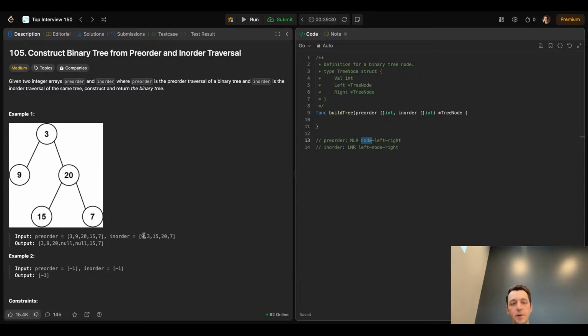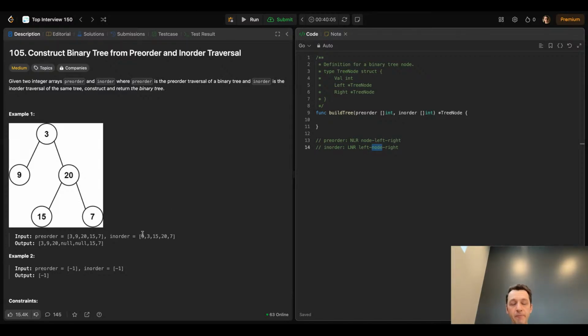So since we have 9 here, it's pretty obvious that 9 is something on the left. By the way, in inorder, 9 could be a parent, if there's nothing on the left, and then the inorder would start with a 9.